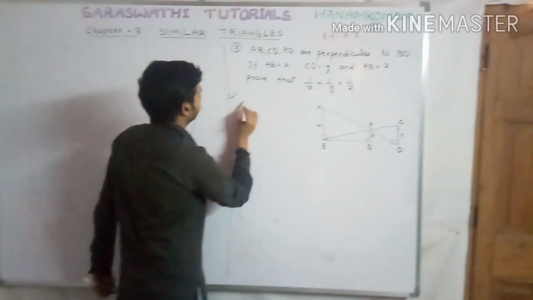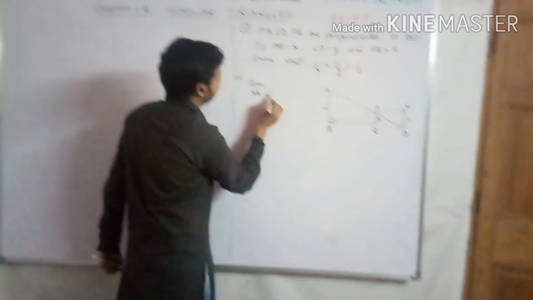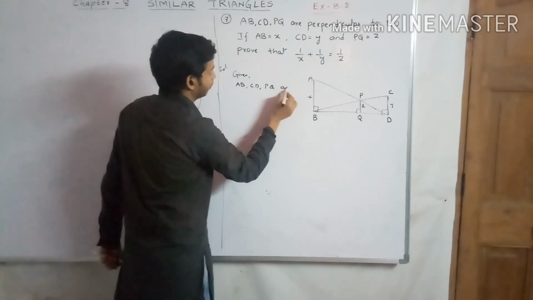So first write the given data. Given that AB, CD, PQ are perpendicular to BD.